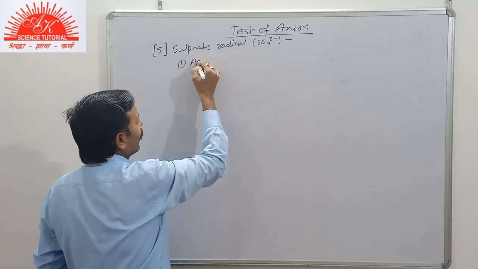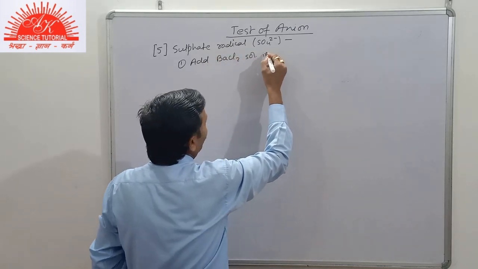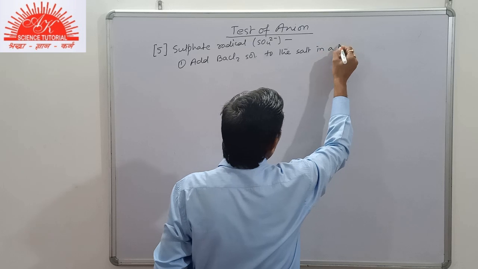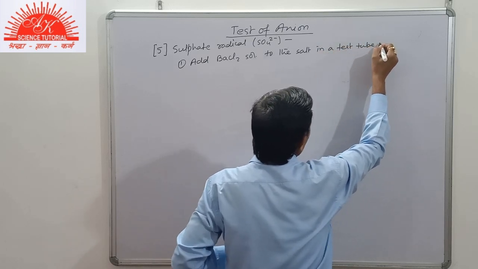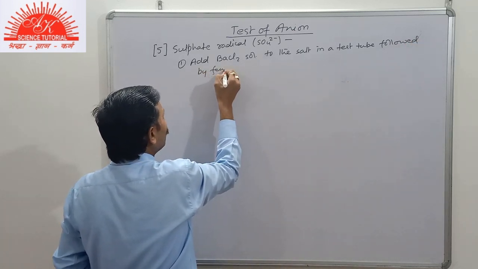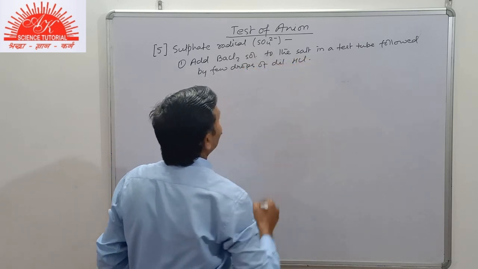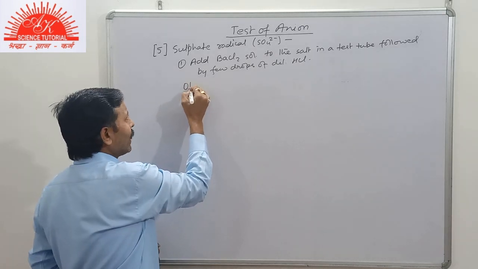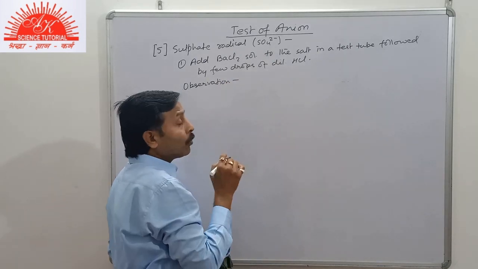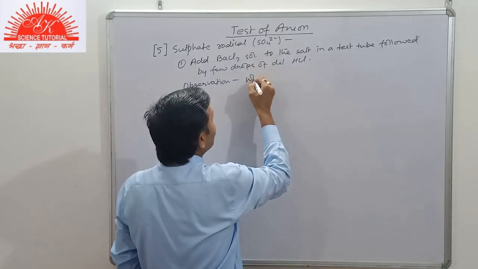So we write here: add BaCl2 solution to the salt in a test tube, followed by a few drops of dilute HCl. Now when barium chloride is added, what will be the observation? If there is sulfate ion, sulfate radical, then a white precipitate is formed.